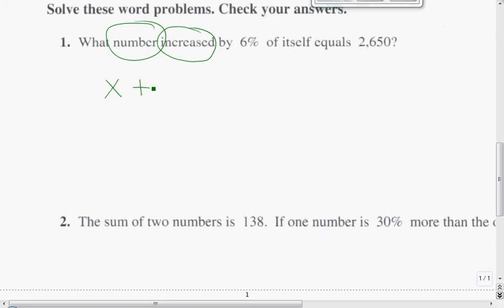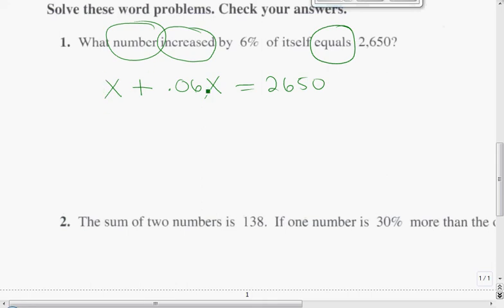You're going to add plus 6% of itself. So we're going to find 6% of the number itself equals 2,650. So a number, when you add it to 6% of itself, equals 2,650. Let's find out what that number is.